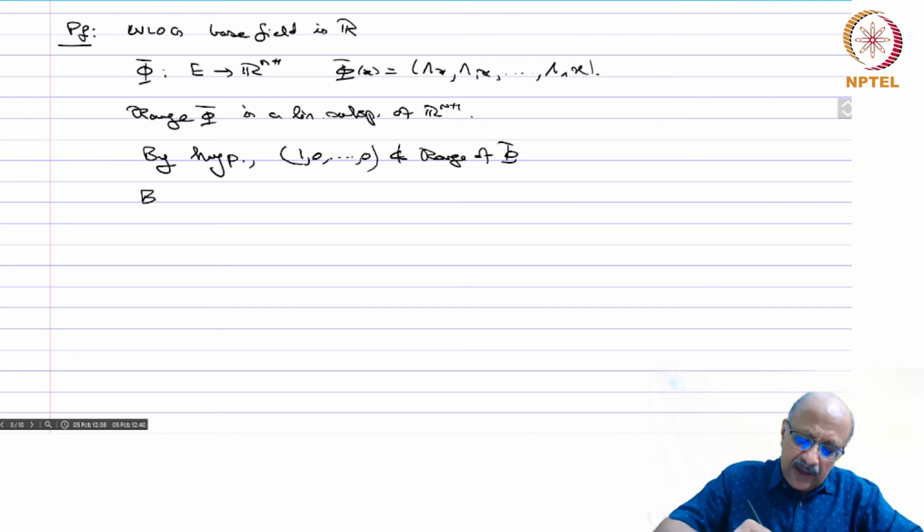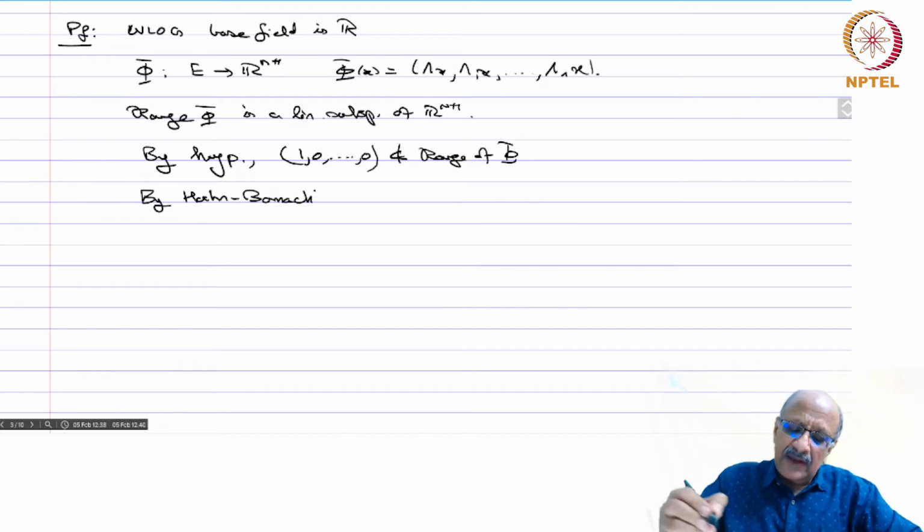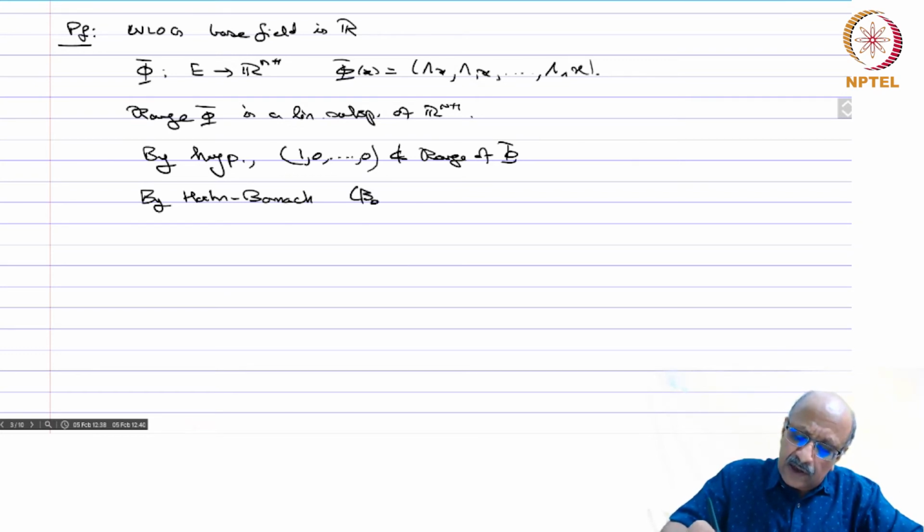Therefore by Hahn-Banach, there exists a linear functional on R^(n+1). But what is a linear functional on R^(n+1)?